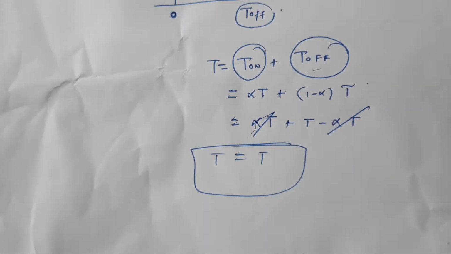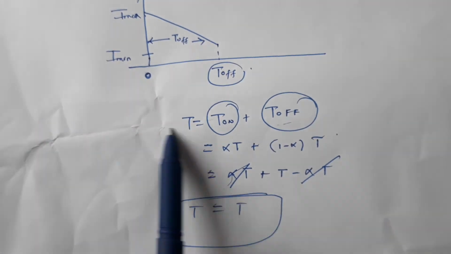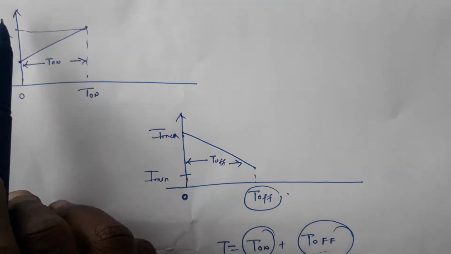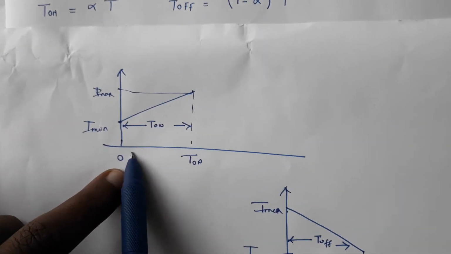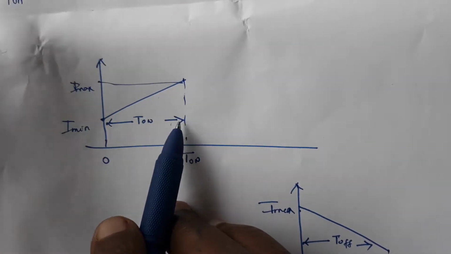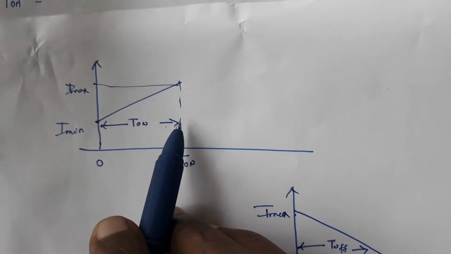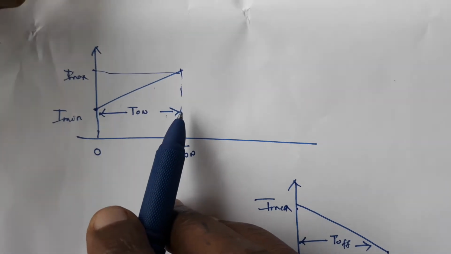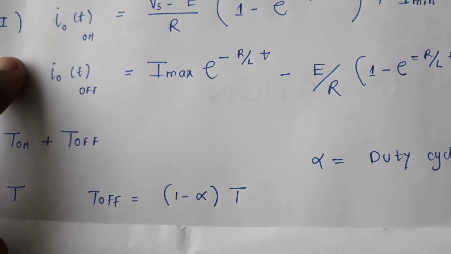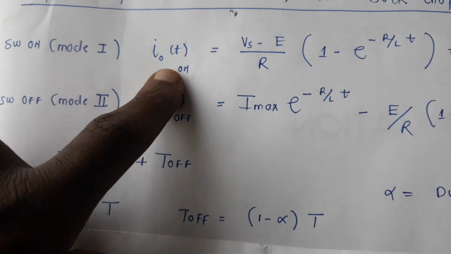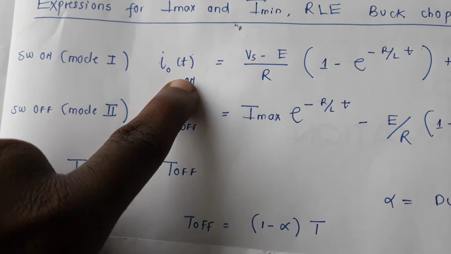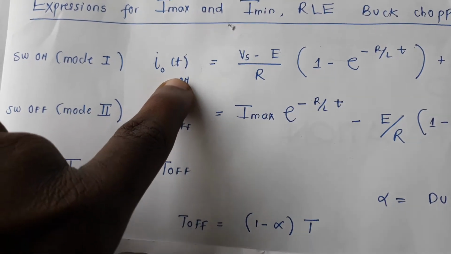Then, we see that Imax usually occurs during T on, so we are going to use the expression for mode 1 shown here. Substituting T with T on, this is nothing but Imax.